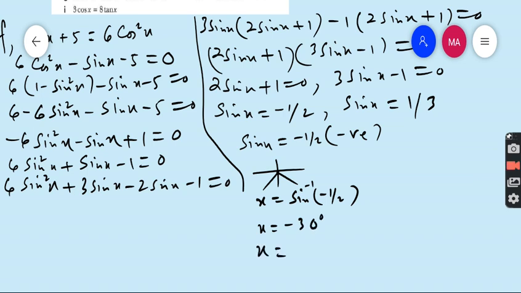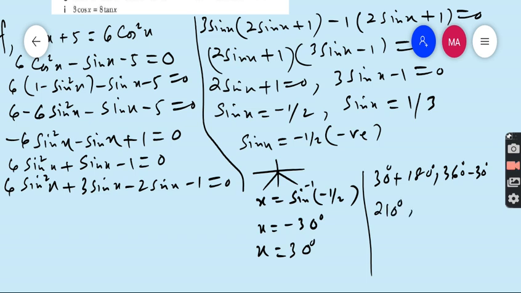Because we have only positive domain, we have to consider that this is the positive angle, the basic angle. So the value in third quadrant should be 30 plus 180, and the value in the fourth quadrant should be 360 minus 30. 180 plus 30 is 210. 360 minus 30 is 330.